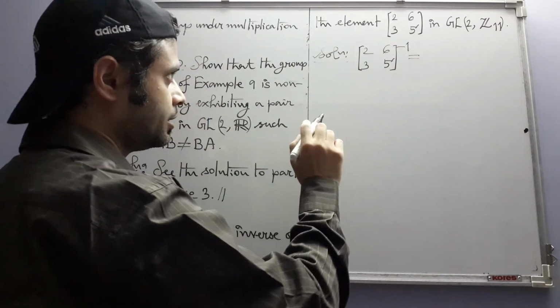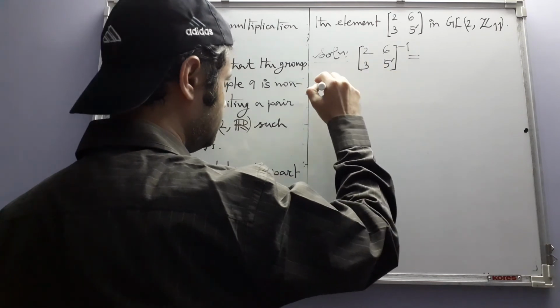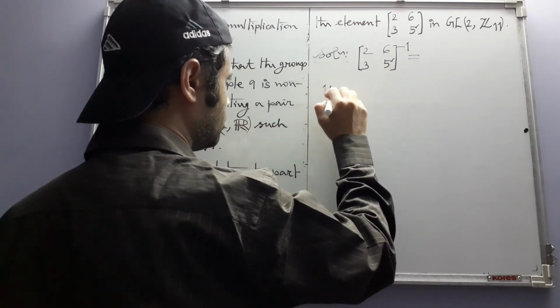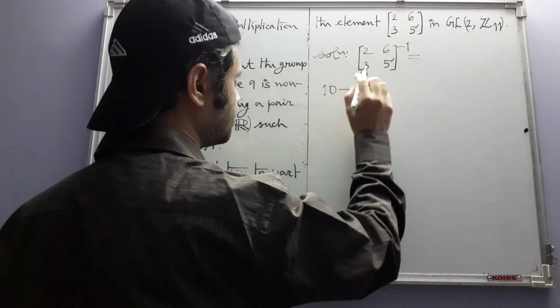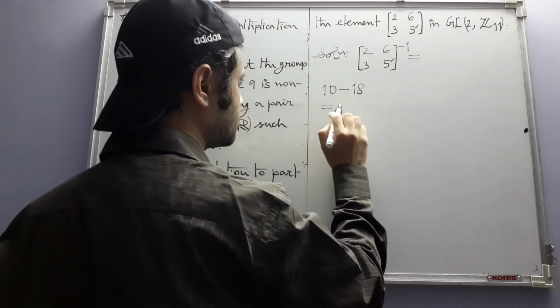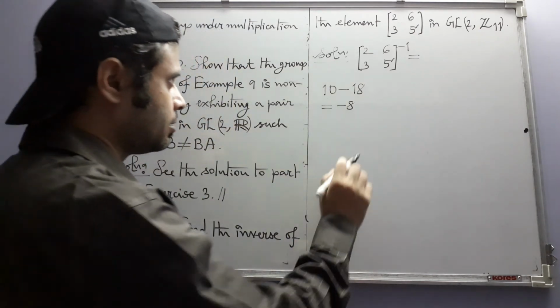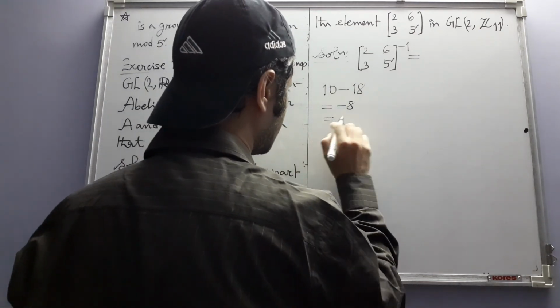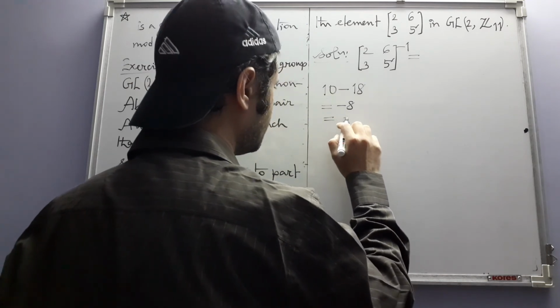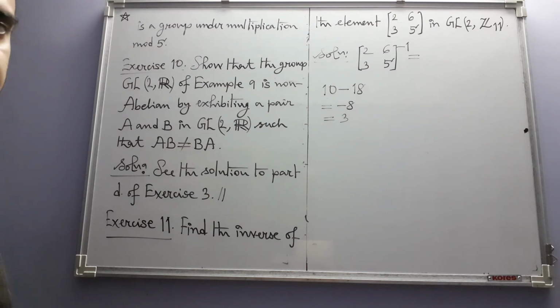So what is the determinant here? The determinant is the same, the formula is the same. 2 times 5 is 10 minus 3 times 6 is 18. So this is equal to minus 8, and modulo 11 minus 8 is equivalent to 3.